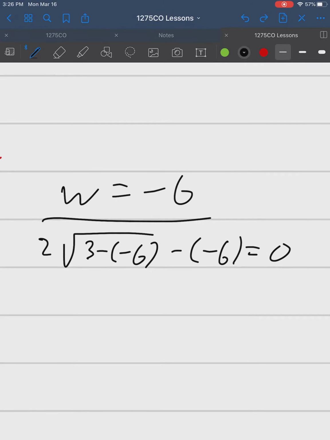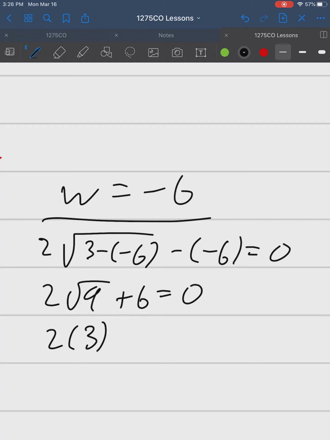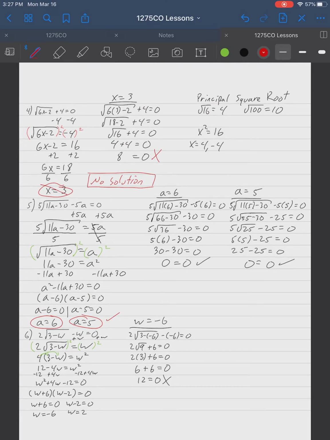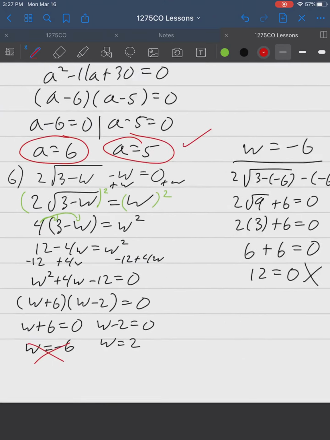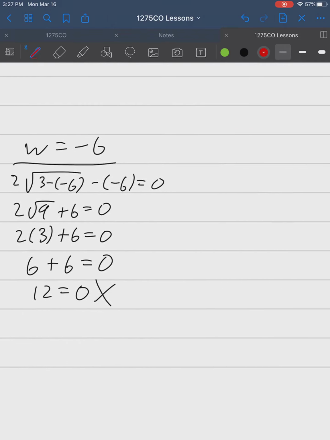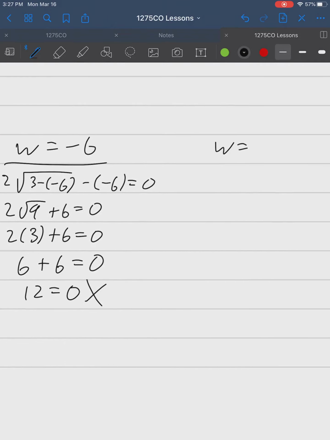We're just going to have 2 of them now. 3 minus negative 6 in this case. 2 radical 9 plus 6 is equal to 0. 2 times 3 plus 6 is equal to 0. 6 plus 6 is equal to 0, which is not true because 6 plus 6 adds up to 12. So w equals negative 6 is not an answer. Let's check the other one. w equals 2.